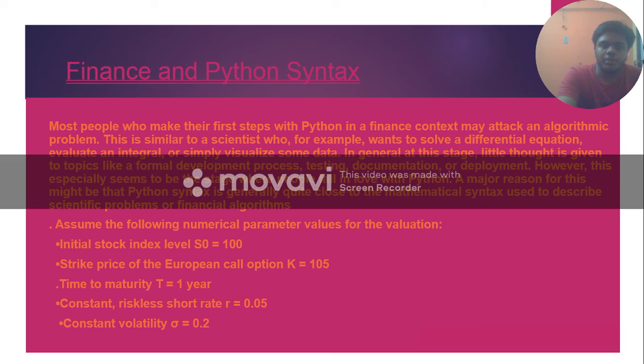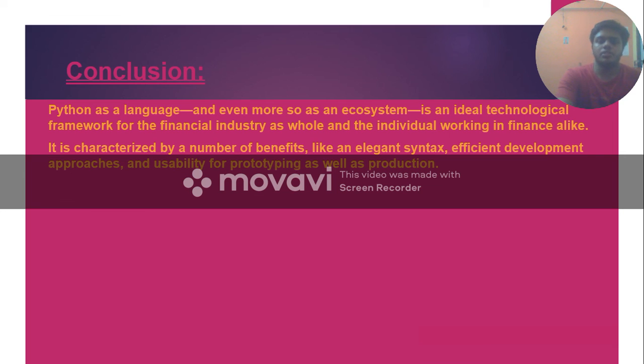Most people who make their first steps in Python in finance meet algorithmic problems, related to algorithms to solve differential equations, integrations, and data like that. And little thought is given to topics like the formal development process, documentation, and even more, the ecosystem.